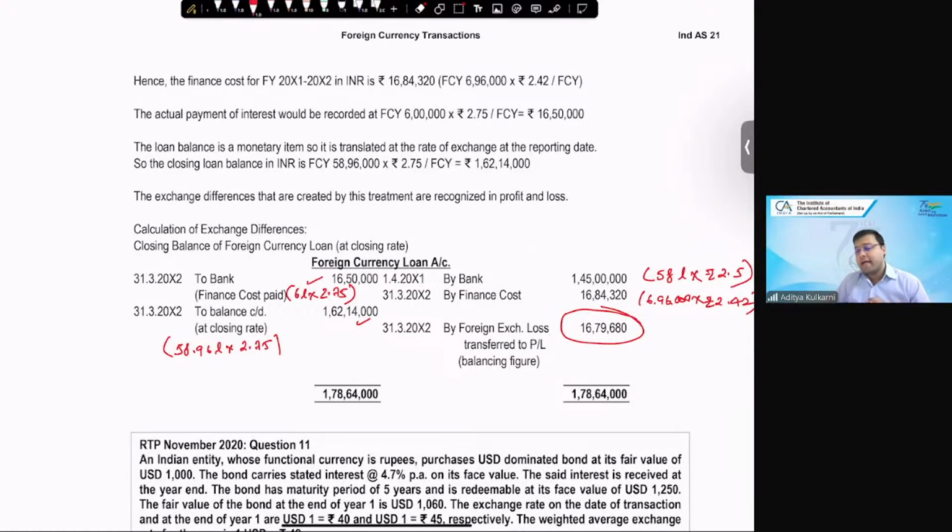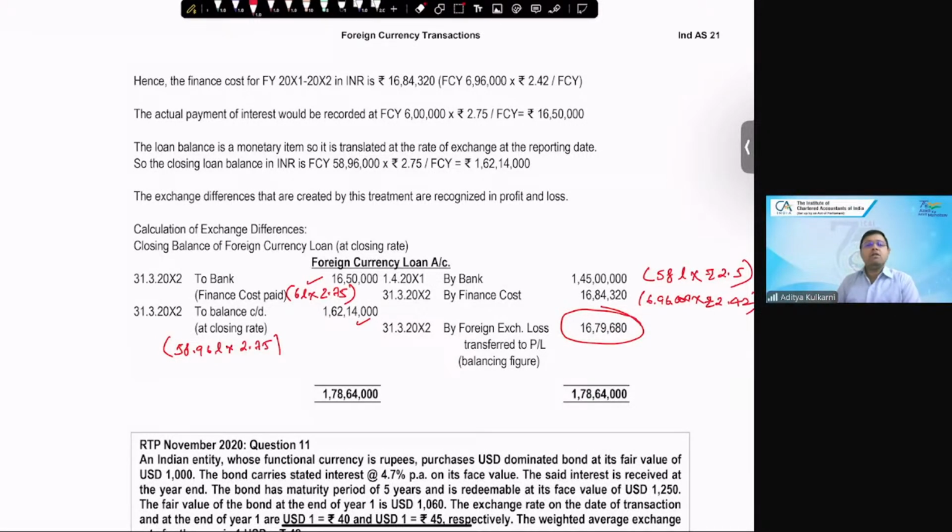This will go right now to the P&L because this is a monetary transaction. This is not related to foreign currency entities or foreign currency subsidiaries, etc. I will be coming to that point where you are saying this can go to FCTR in another half an hour from now. Give me half an hour.